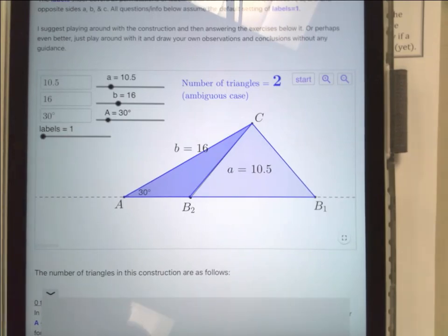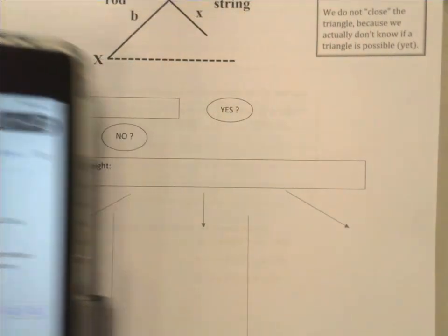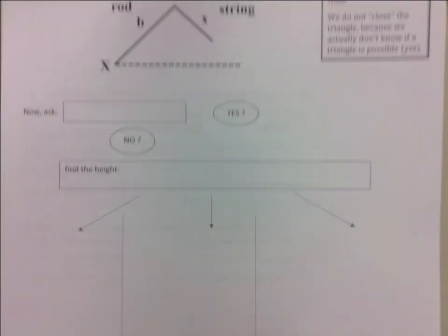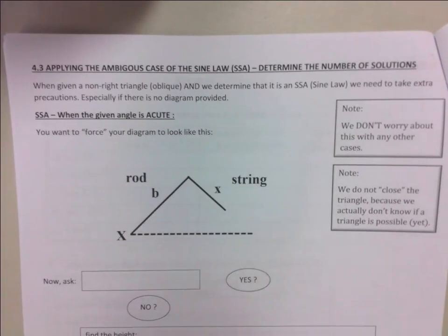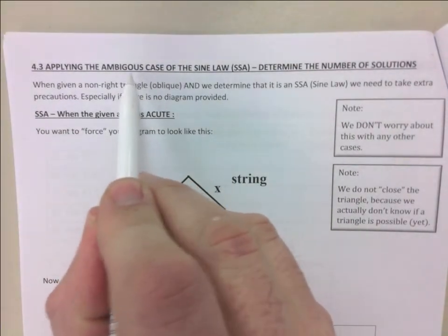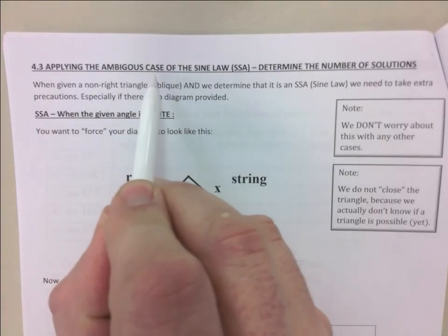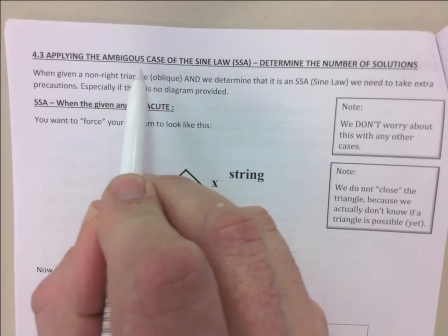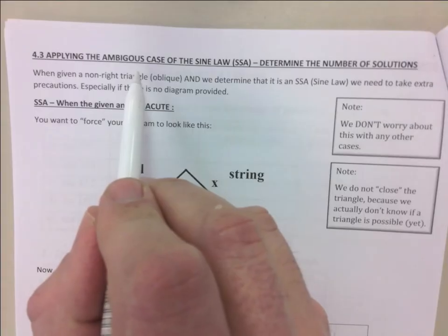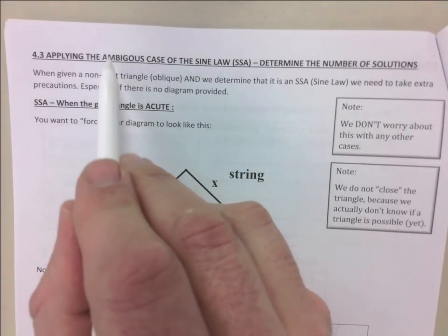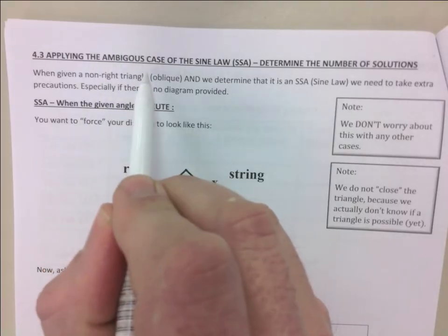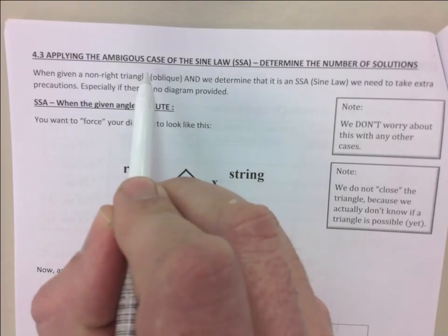I don't know if you saw me write down the ambiguous case of the sine law. Let's talk about that for real. The title of this lesson is called the ambiguous case of the sine law. And so every time you have an SSA triangle, you need to consider the ambiguous case. What does ambiguous mean in English? It means you're not quite clear.